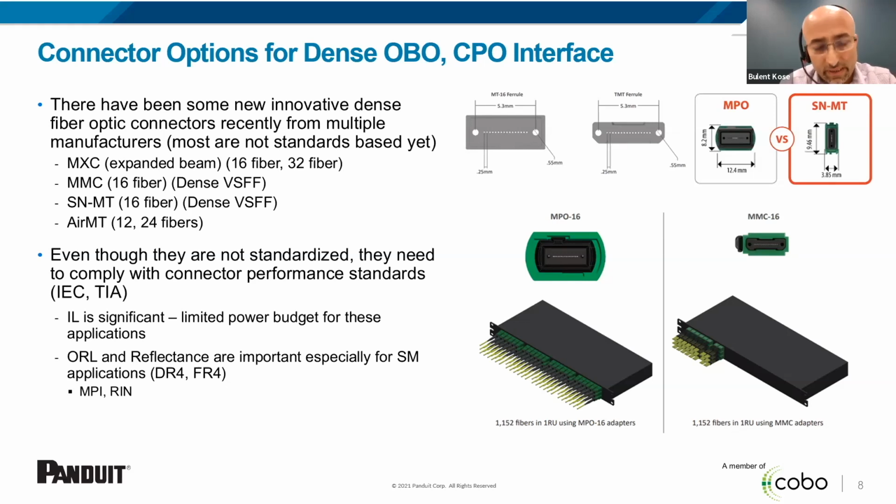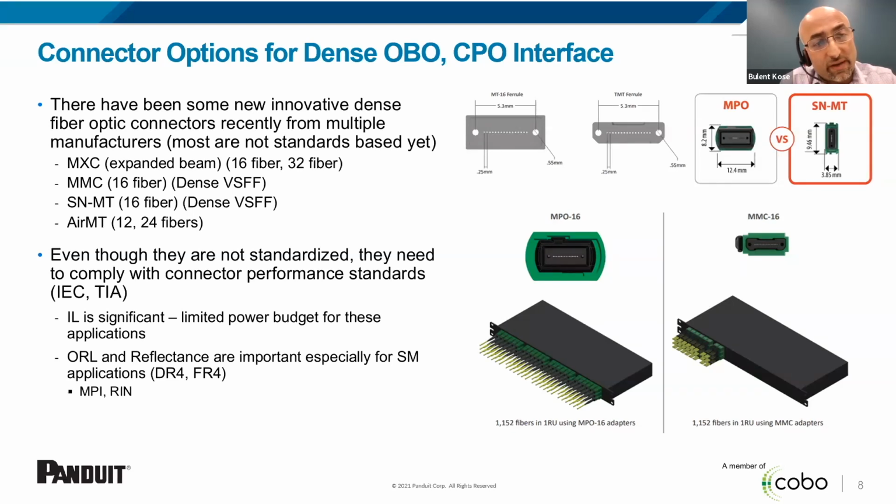And I put here some pictures from their website on the right to show how they compare to a regular MTP ferrule in size. Even though they are not standardized, they need to comply with connector performance standards, such as from IEC and TIA.